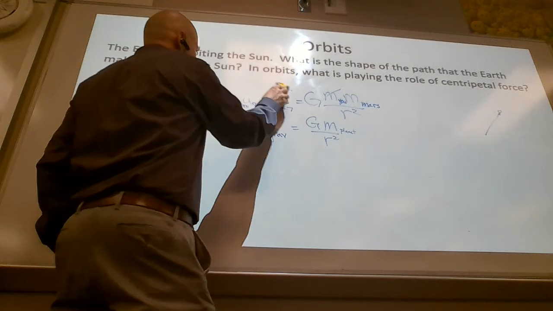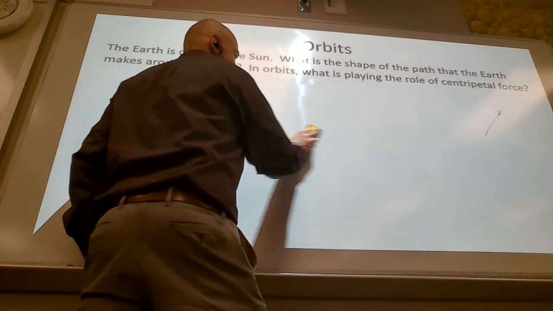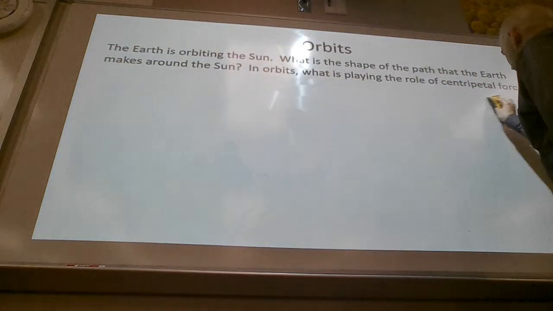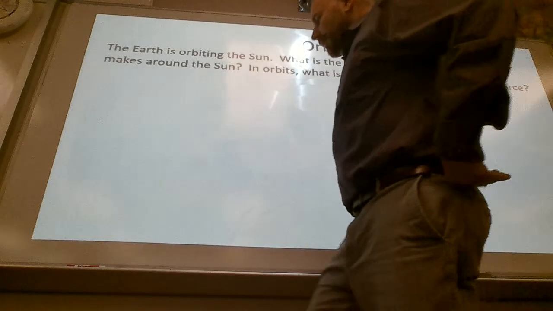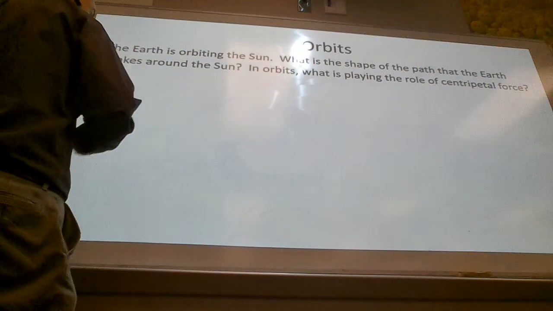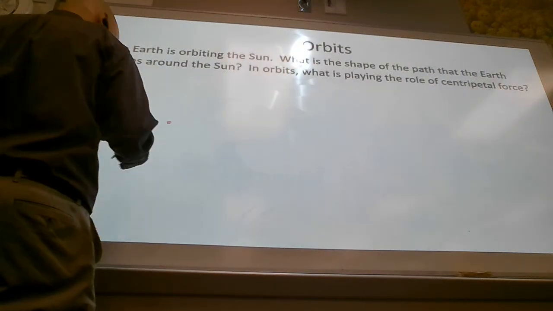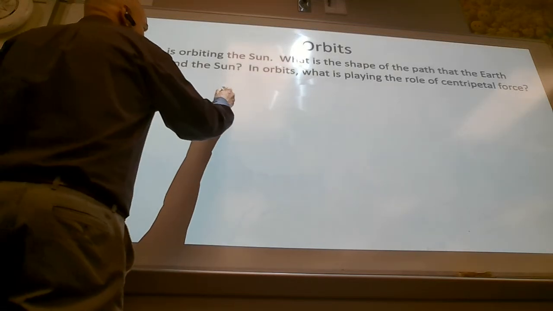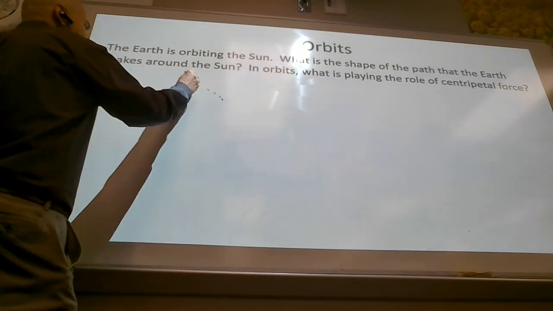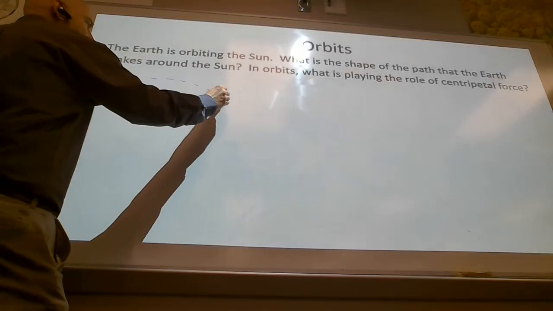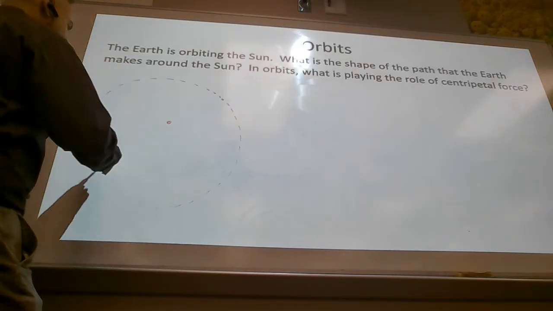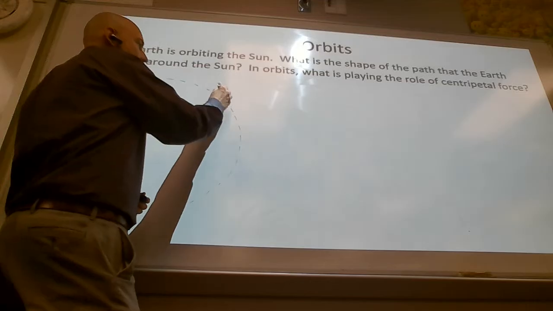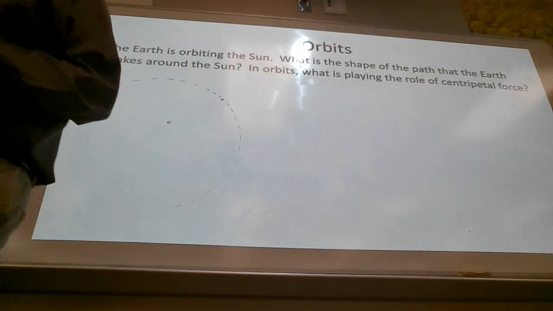So we are now at the next step here. You got gravity, you got the acceleration of gravity. All right, so you have the sun. You have the Earth. The Earth goes around the sun in a circular orbit.